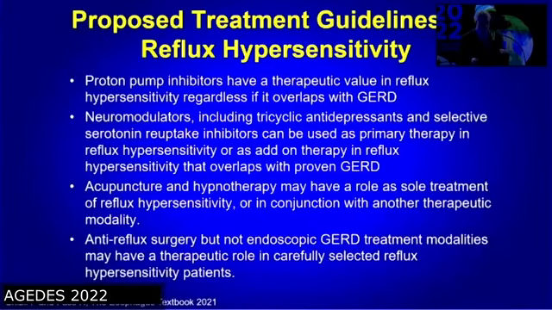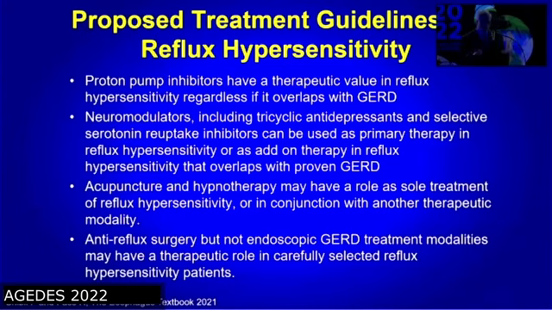This is the proposed treatment guidelines for reflux hypersensitivity that we recently published in the esophagus textbook. PPIs have a therapeutic value in reflux hypersensitivity, regardless of whether it overlaps with GERD, because patients with reflux hypersensitivity do respond to PPI, although less than GERD patients.